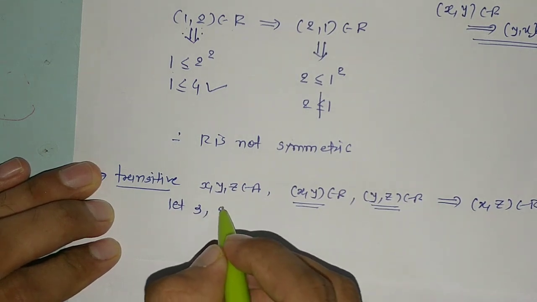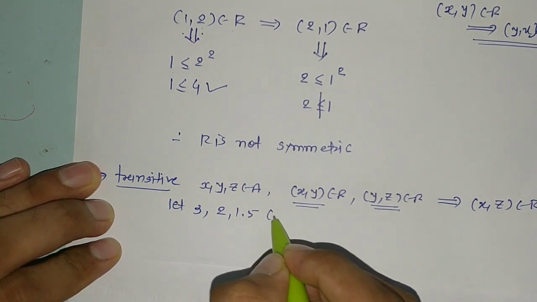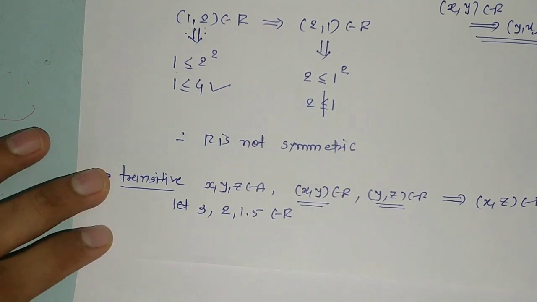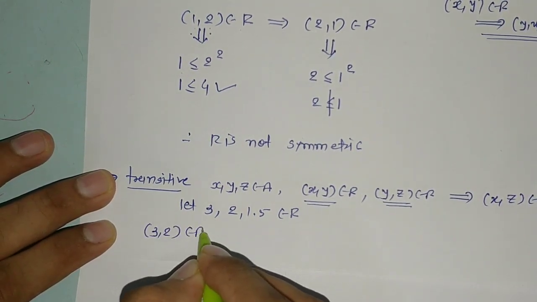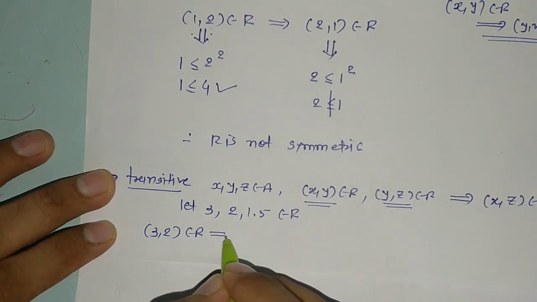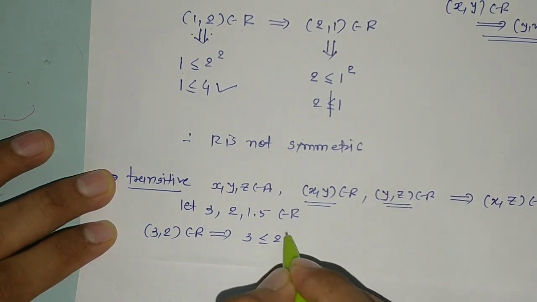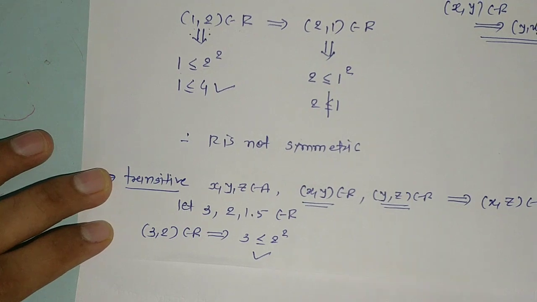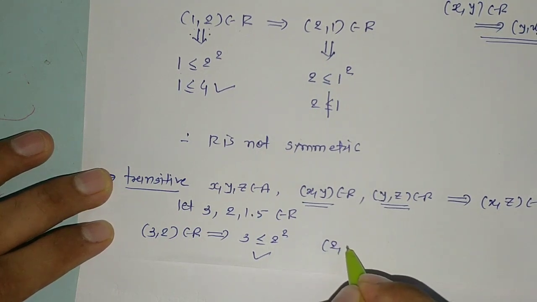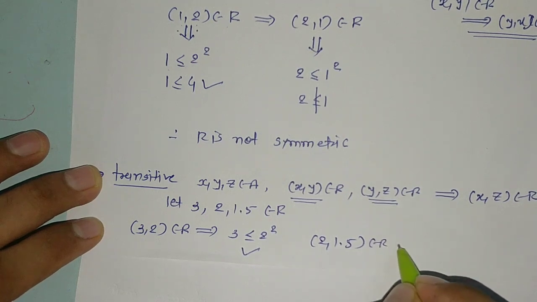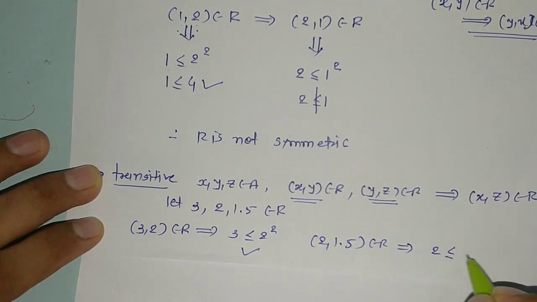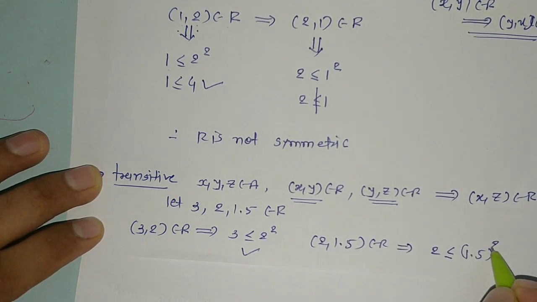Let 3, 2 and 1.5 belong to R, and I'm making two pairs. (3, 2) belongs to R. We can check 3 is less than or equal to 2 square, it's true. The second pair I'm taking (2, 1.5), which is also true, as 2 is less than or equal to 1.5 square, which is 2.25.